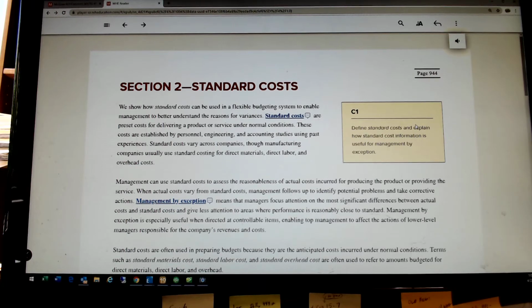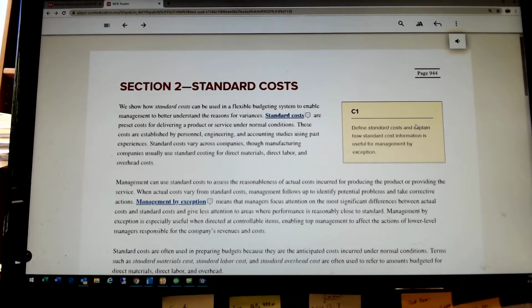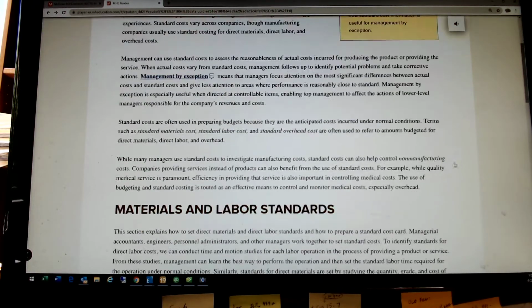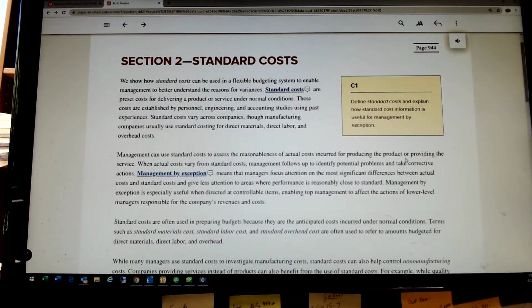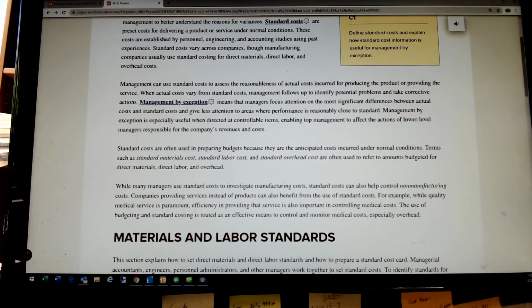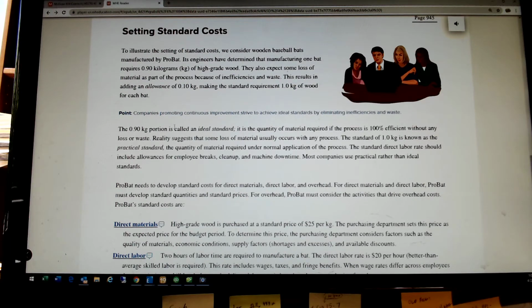And that's what a standard cost is. It's what it should cost to make a single teddy bear using a practical standard. We don't use an ideal standard.